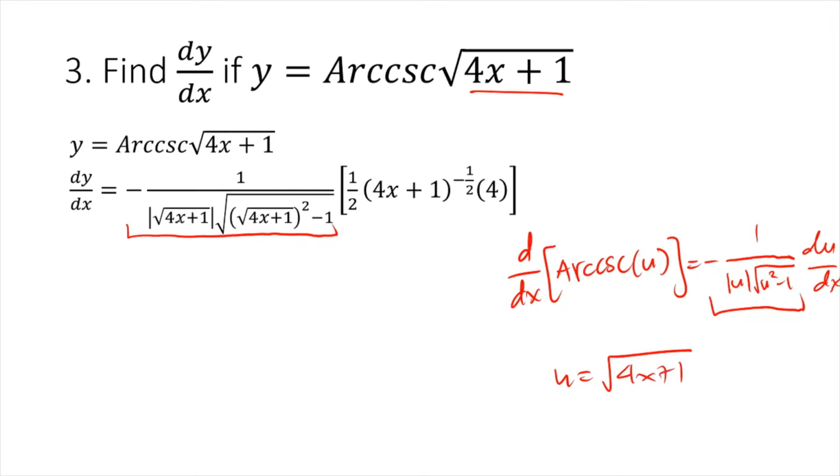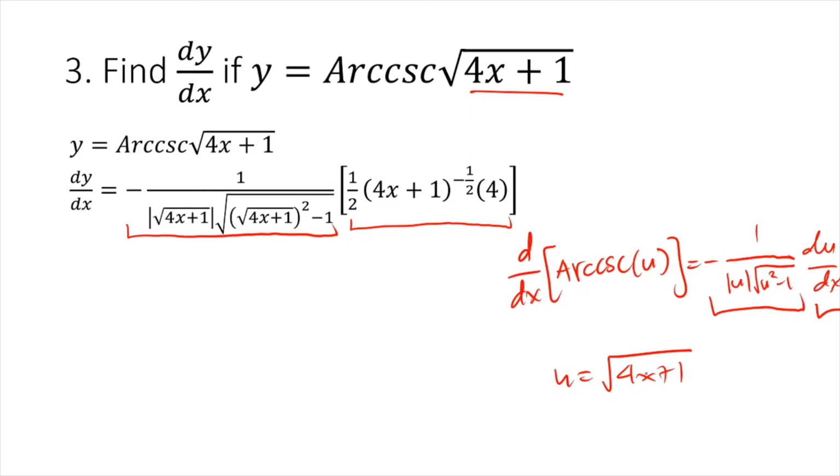So absolute value of square root of 4x plus 1, then times the square root of u squared, again u is square root of 4x plus 1, and then minus 1, okay? And then this part of the derivative is your du/dx, okay? So again, u is square root of 4x plus 1.